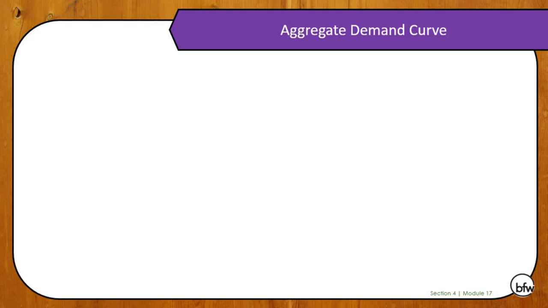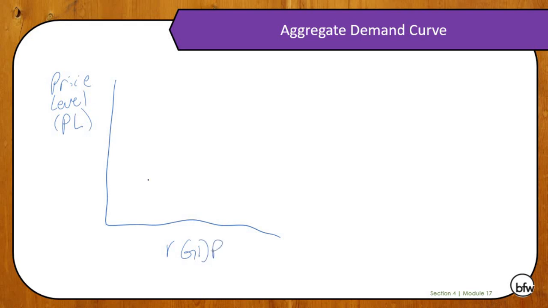This is what the aggregate demand curve is going to look like. On the y-axis, we are going to have our price level. You'll see me from this point forward abbreviate this as PL. On the x-axis, we are going to have real GDP. And hopefully we can draw a better horizontal curve than what I drew there.